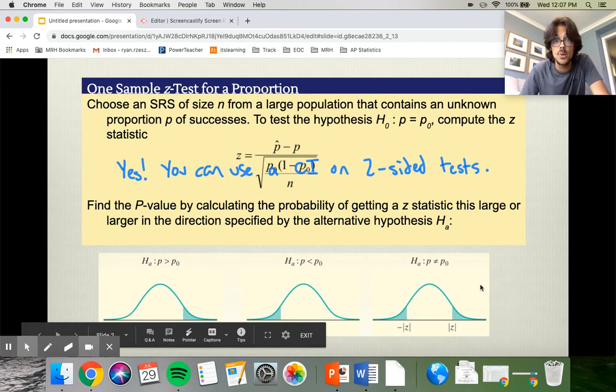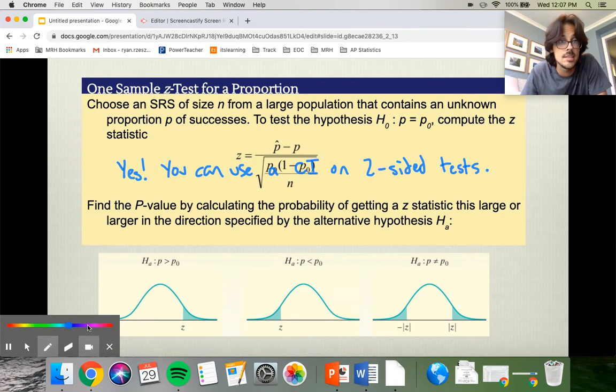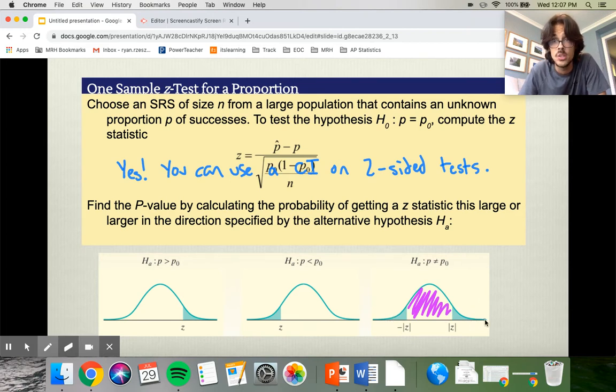This should look pretty familiar, except when we were doing this back in chapter 8, we were concerned about the area in the middle and not the area on the edges. If we want a 95% confidence interval, that means 95% of the area is in the middle, or in other words, 5% of that area is in the tails.